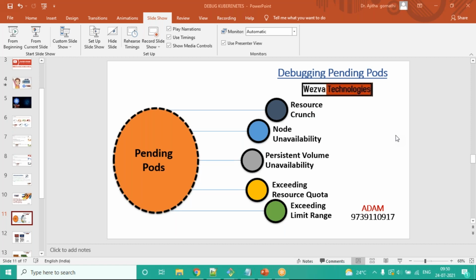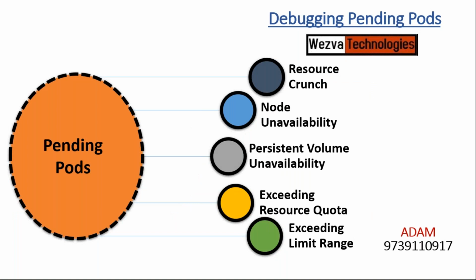Anyway, the point that I was trying to tell is when you have a requirement to use persistent volume inside your pod, then you need to make sure first there is a persistent volume available in your cluster. But if you go back to the basics of what we have learned, how do you use a persistent volume?